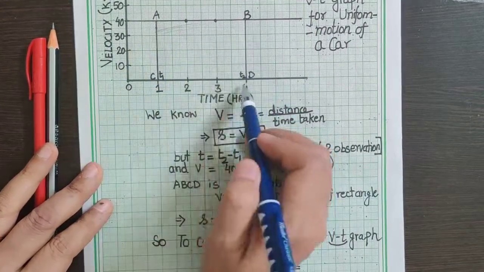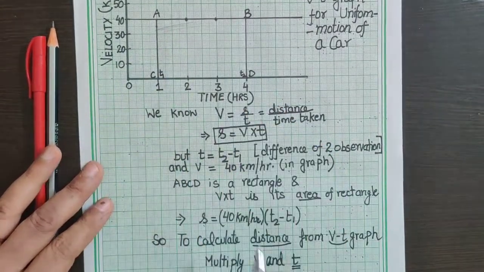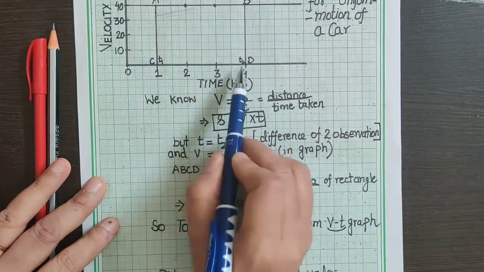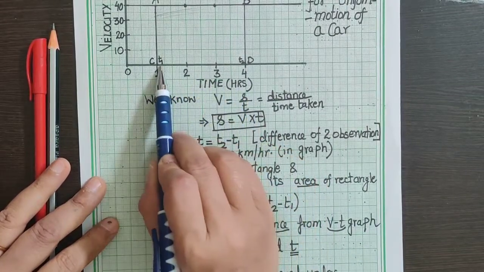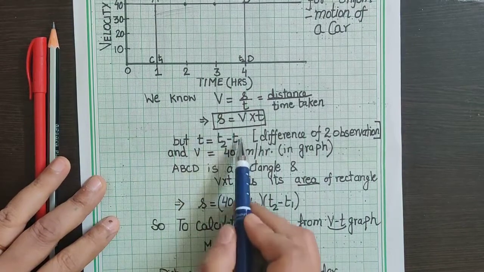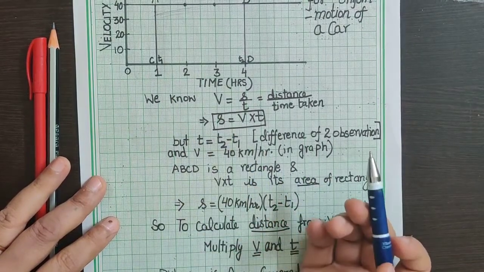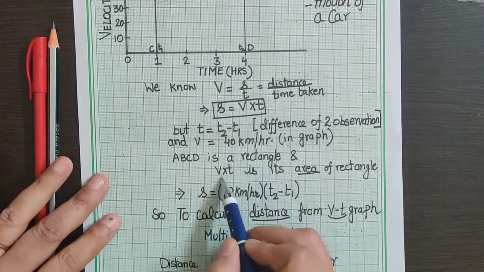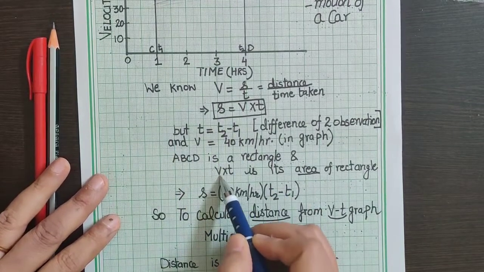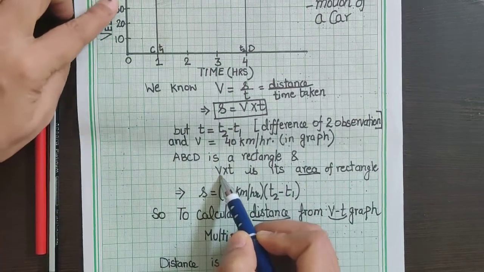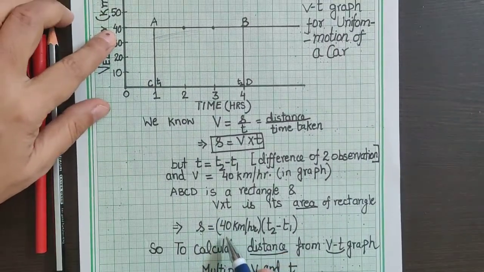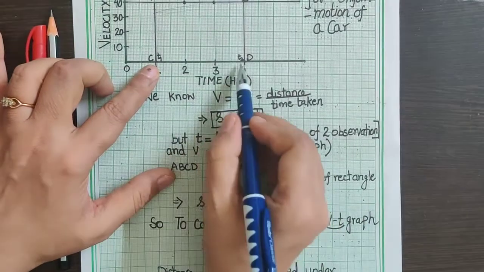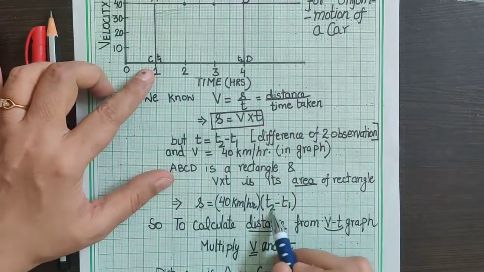Can you find this rectangle, children? Here the time axis is taken as t2 minus t1 and my velocity is constant at 40 km per hour. Therefore, S becomes V into T. V is 40, you can see here it is 40, and T, children, is T2 minus T1.